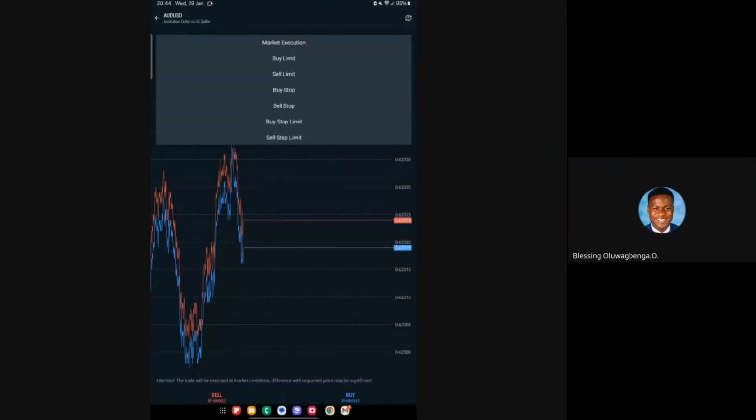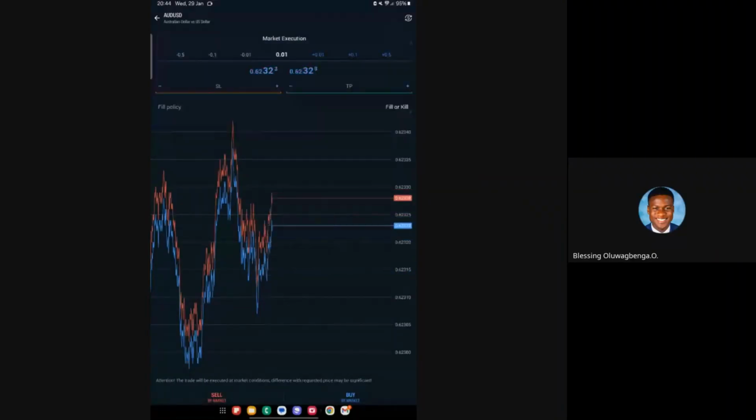In case price comes, the broker should initiate my trade at this particular price. All right. That is buy limits, that I want to buy for price to increase in value. Sell limits, I want to sell because I'm expecting price to decrease in value.